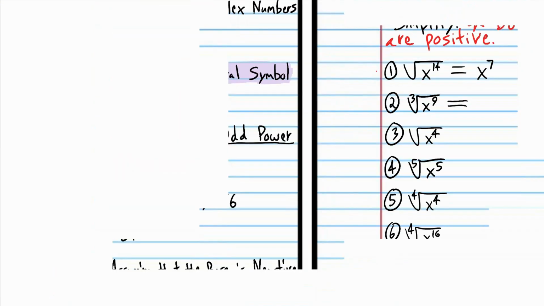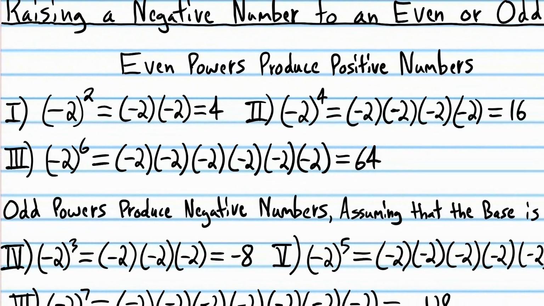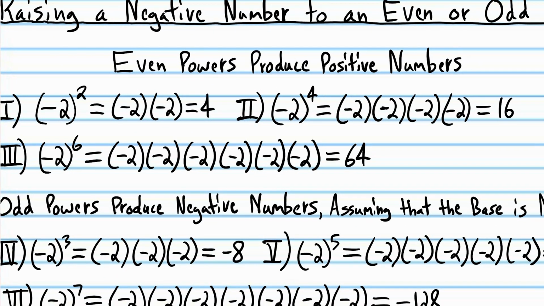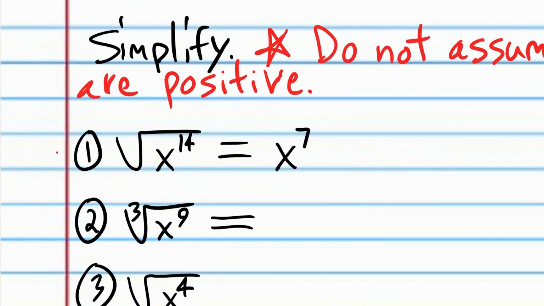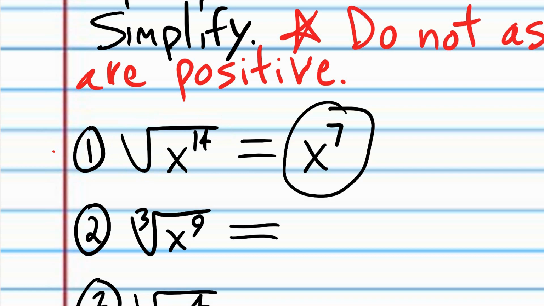That's what we went over here. Remember, if you're raising a negative to an even power, the answer is always positive. So isn't it true that this is a positive number because you're raising a negative number to an even power? So now you take the square root of that positive number, and of course your answer should be positive.